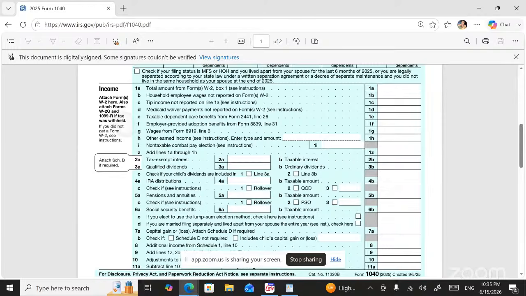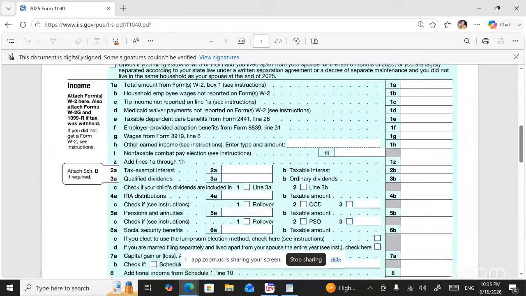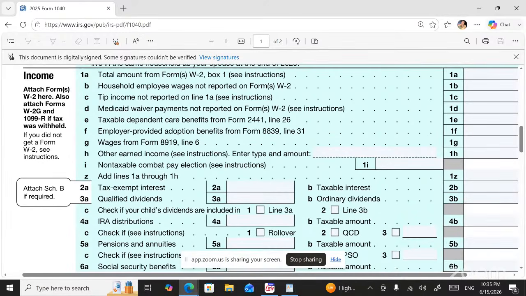On the left hand side we have: attach form number W2, also attach form number W2G, also attach form number 1099R. As I already explained, W2 is nothing but the wage sheet given by the employer to the employee.